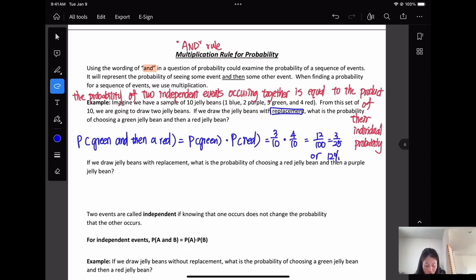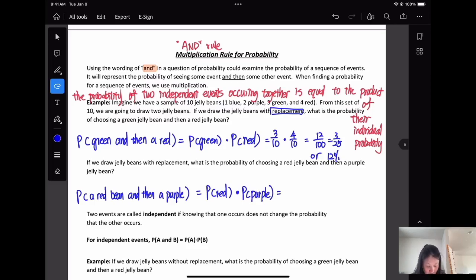Now, if we draw a jelly bean with replacement, what is the probability of choosing a red bean and then a purple bean? So we use the same method. The probability that we're drawing a red bean and then a purple bean is equal to the product of the individual probabilities, which is a red bean multiplied by a purple bean.